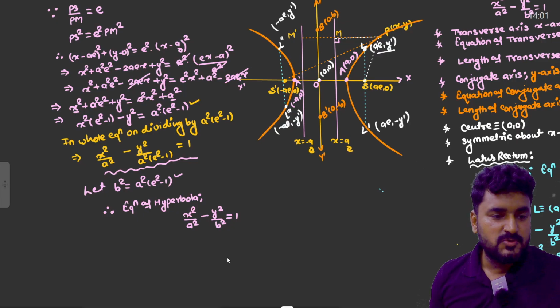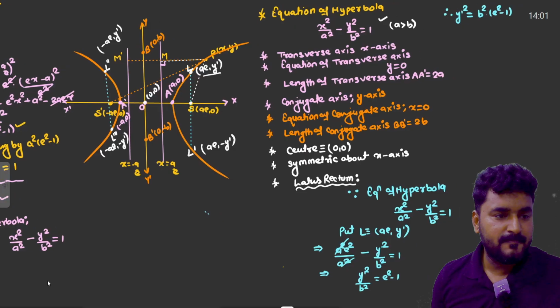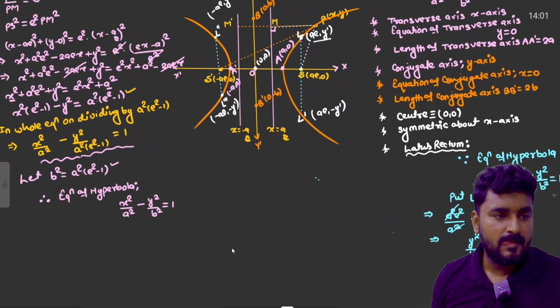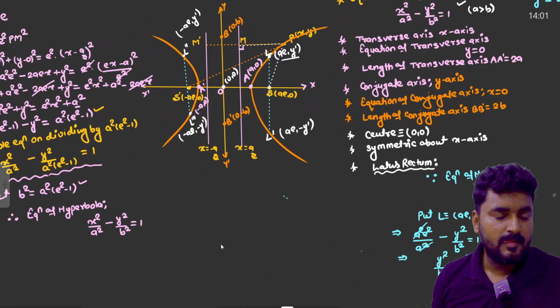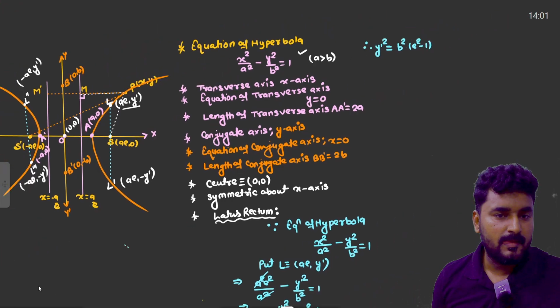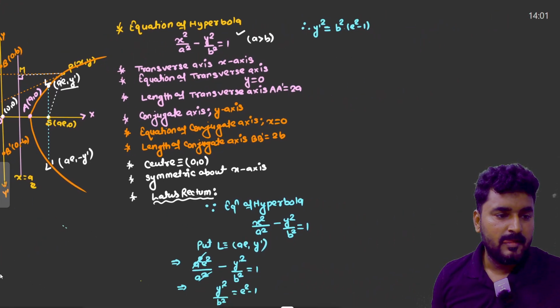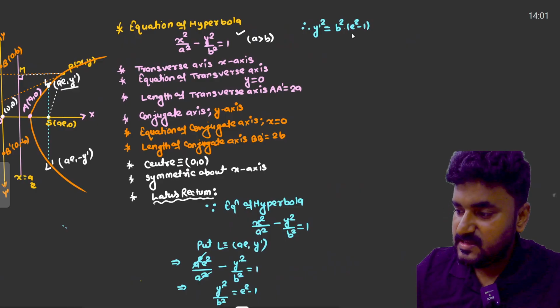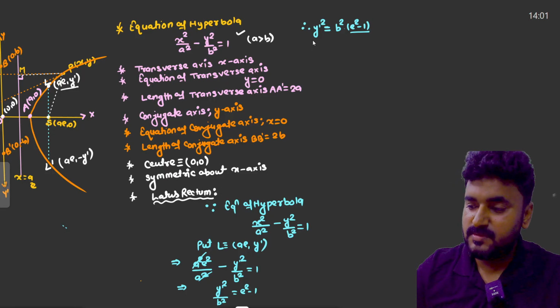So what I am going to do is put e square minus 1 as b square by a square.